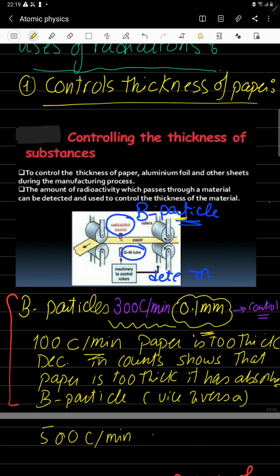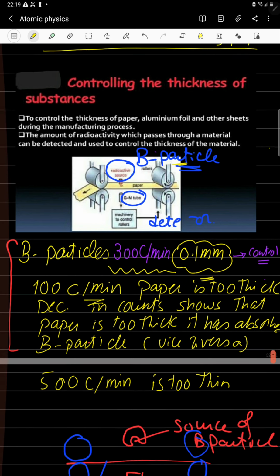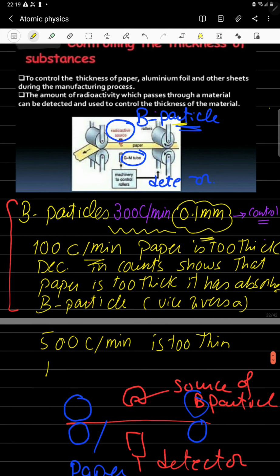This means that paper is too thin. So the opposite is right again. Increasing number of counts shows that paper is too thin. So it allowed too many beta particles to pass. Okay?